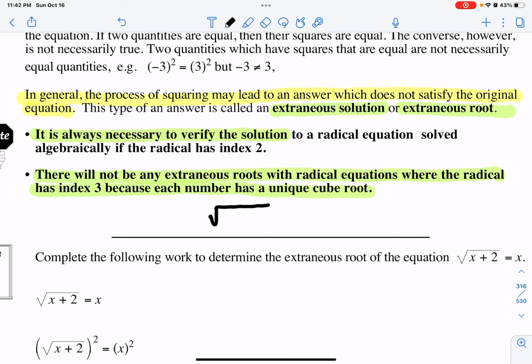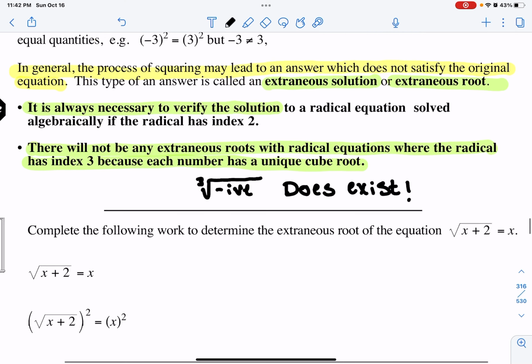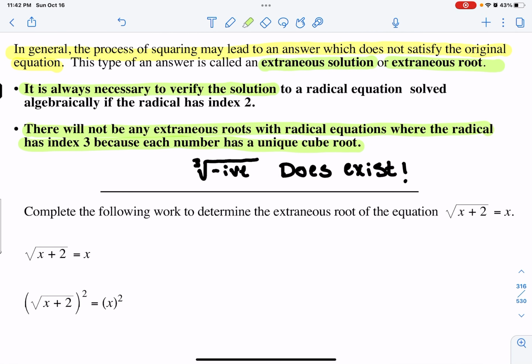So unlike when we square, a cube root can be negative, and it does exist. So there's not the same restrictions in regards to ones with an index of 3. And additionally, what I should add here is that each one with an index of 3 has a unique cube root, meaning there's not more than one value.